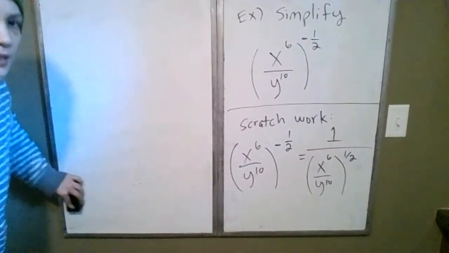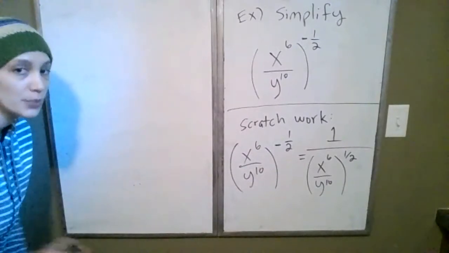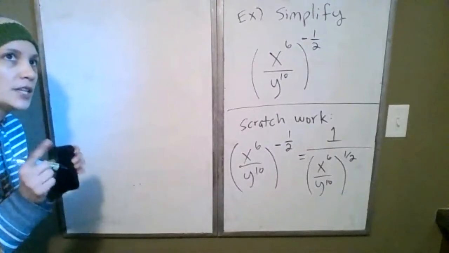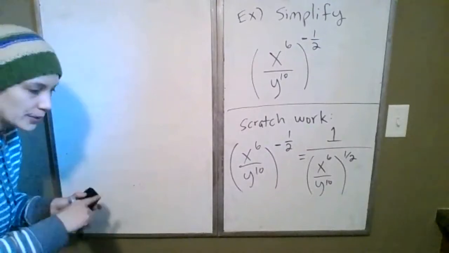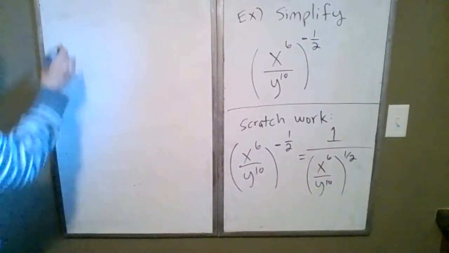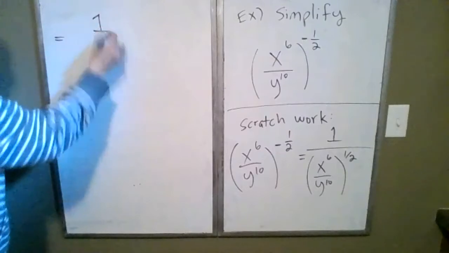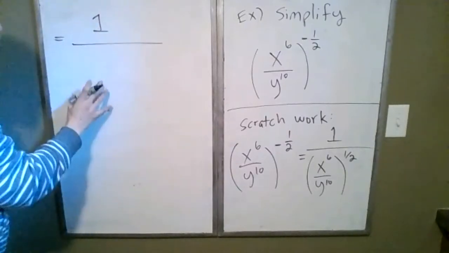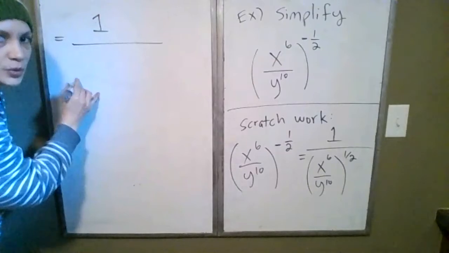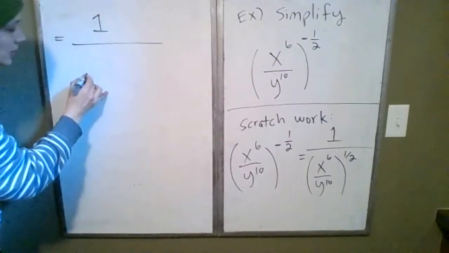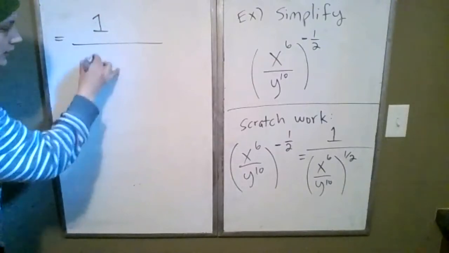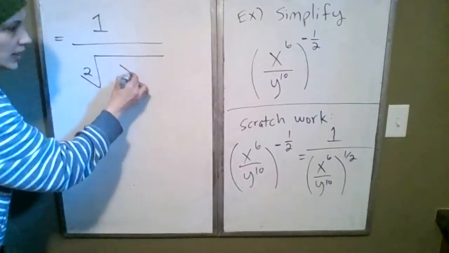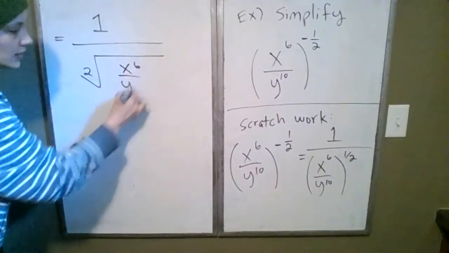What I'm going to do next, just for practice really, is change that 1/2 power to a square root instead. So we still have a 1 sitting in the numerator, and instead of 1/2 power, we have a square root, or take 2 as your root. And you've got your x to the 6th over y to the 10th.